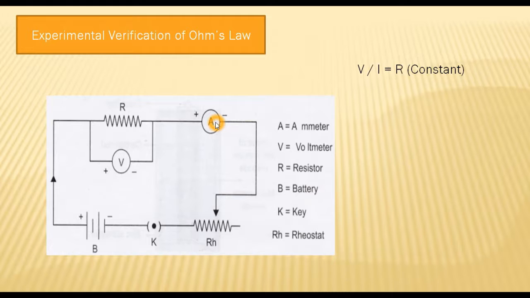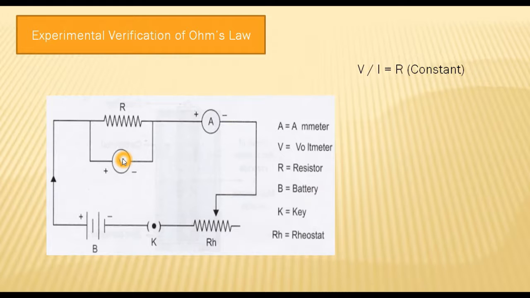You note the reading of the ammeter because the ammeter gives you the reading of current flowing through the conductor. And you also note down the voltmeter reading, which will give you the potential difference across the ends. By doing this experiment, you will get a set of V and I readings.